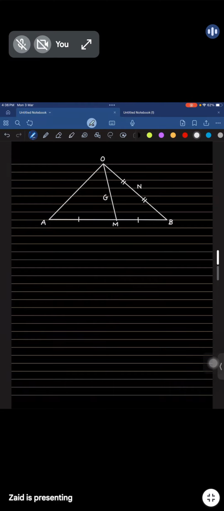So they have given us OA equals to 6A, OB equals to 6B, M is midpoint of AB. Write OM in the form of A and B. That's the first question.